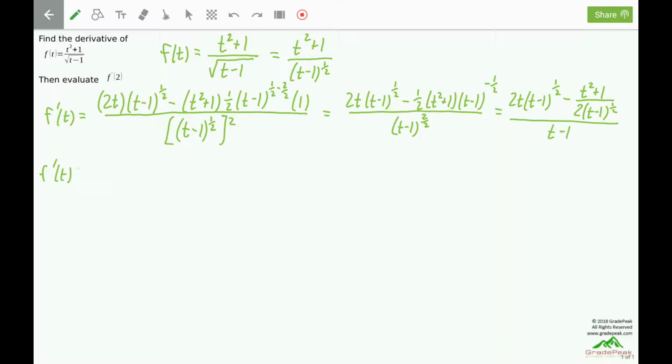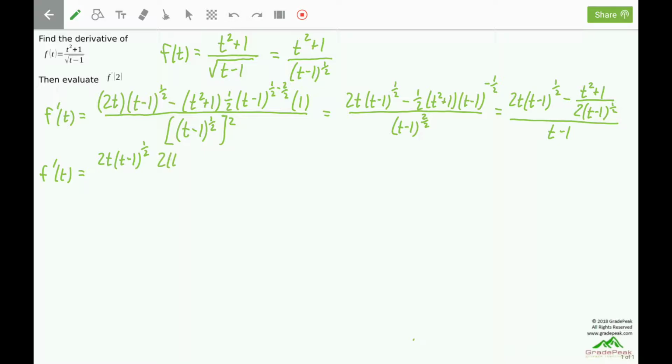The next step, since we have a fraction in the numerator right here, we're going to need to get a common denominator between the two terms, so I'm going to need to put that over that same denominator. Now, that first term does not have a denominator just yet. It's a 2t times a t minus 1 to the 1/2. So the common denominator is the denominator under the other expression, so that will be the denominator 2 times t minus 1 to the 1/2.